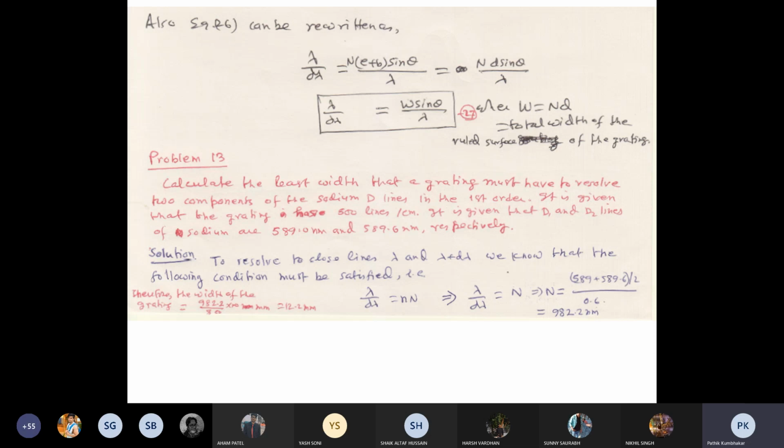So 982.2 is the number of lines, and the grating has 800 lines per centimeter. So the width of the grating has to be 982.2 by 800 into 10 millimeter, so 12.2 millimeters. So the minimum width of the grating has to be about 12 millimeters.